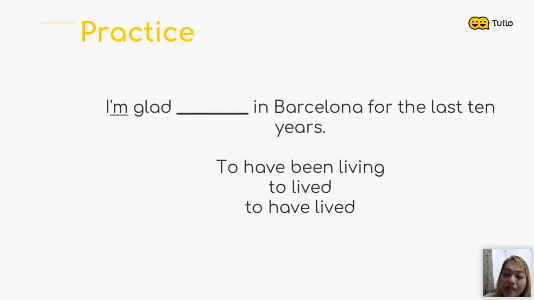It refers to a time before the preceding verb. It expresses an action in progress, or happening before. What do you think is the answer here?